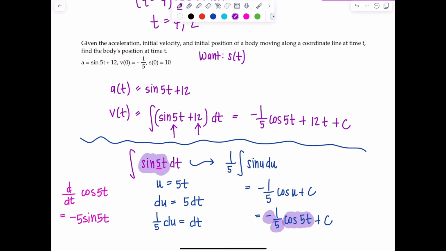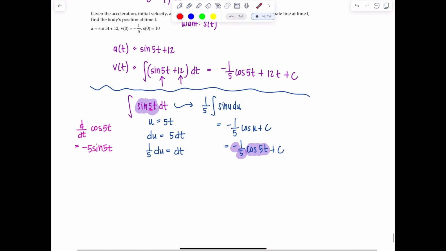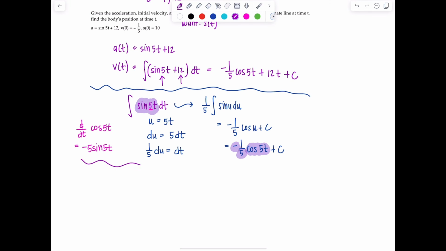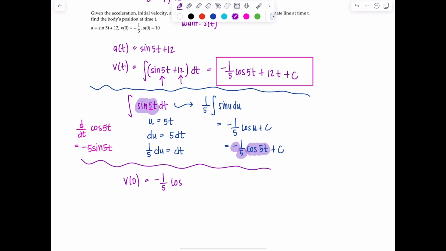Now I do want to solve for c here before I keep going, and they told me v of 0, so the velocity at 0 seconds is negative 1/5. That's to help me solve for c. So v of 0 equals, I'm going to plug it in right here, negative 1/5 times cosine of 5 times 0 plus 12 times 0 plus c.